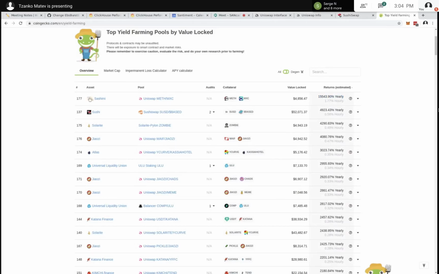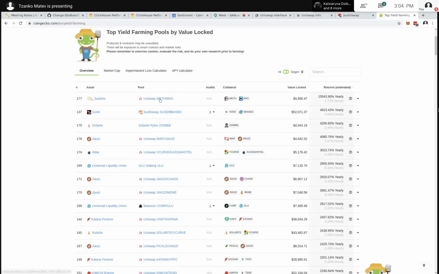So what happens here now, you see this Uniswap pool, Ethereum versus this MXC. I don't know what it is, but what I can do is go and find this MXC token from somewhere, and then put it into the pool.